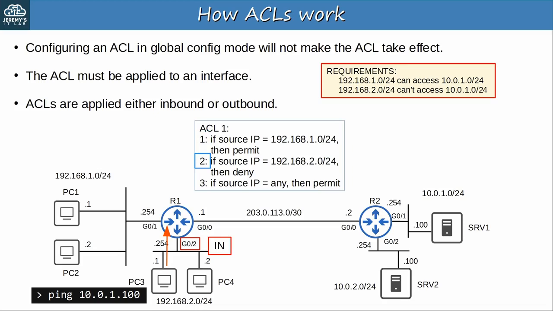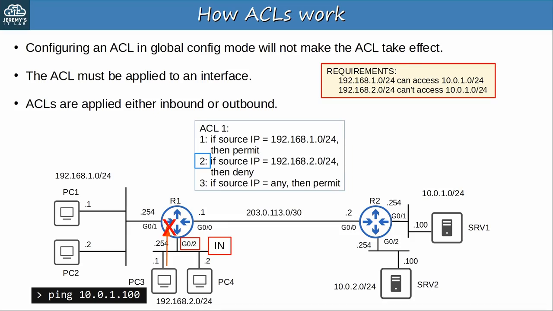If source IP equals 192.168.2.0/24, the source is 192.168.2.1, which is in 192.168.2.0/24, so there's a match. That means R1 will take the specified action, which is deny. So, R1 drops the traffic, it doesn't forward the packet.